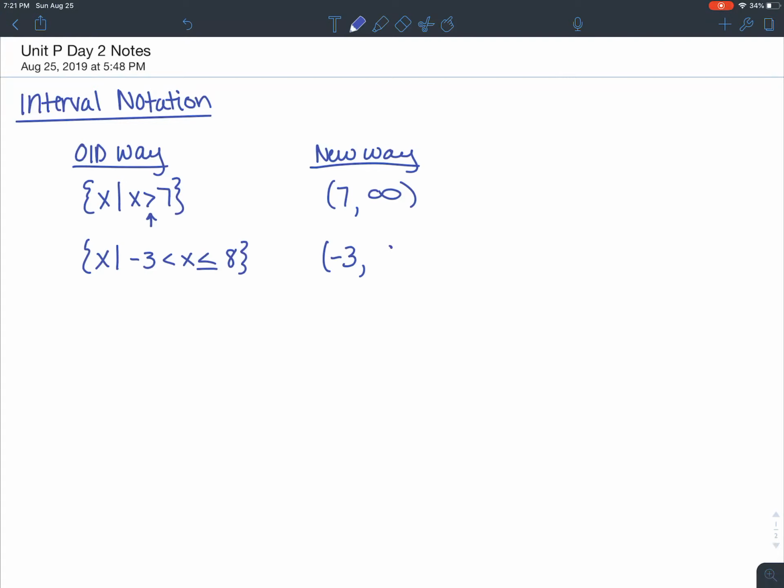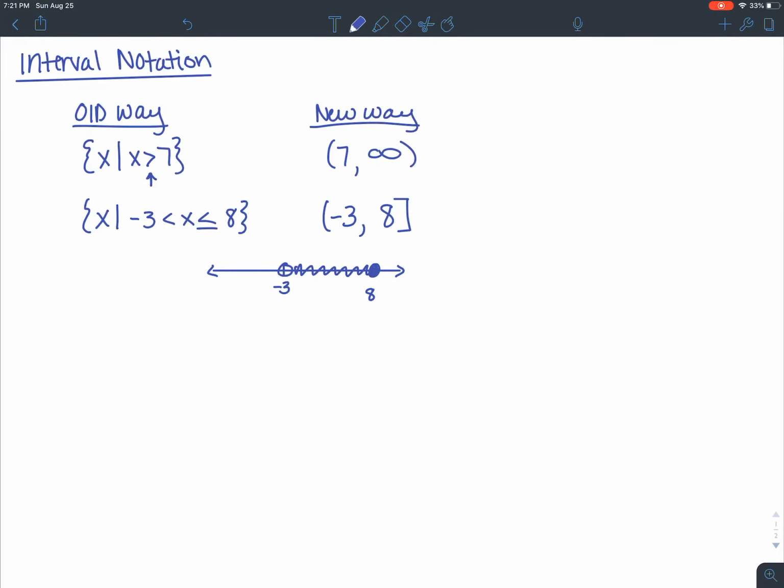Then it stops at 8 and it's going to have a bracket. On the number line or a graph, at -3 we would have an open circle, it's all the numbers in between, and a closed circle. Anything that's open, a hole, whatever, on a graph, we're going to use parentheses and infinities.